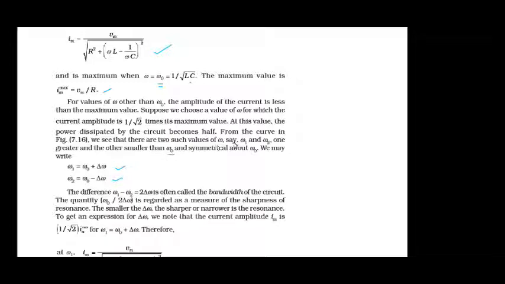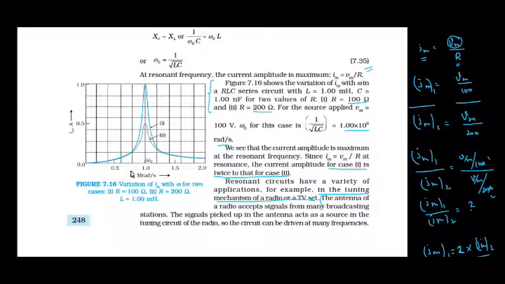So from the curve in figure 7.16, which is here, we have considered the two values of omega. One is greater than omega naught and the other is smaller than omega naught.